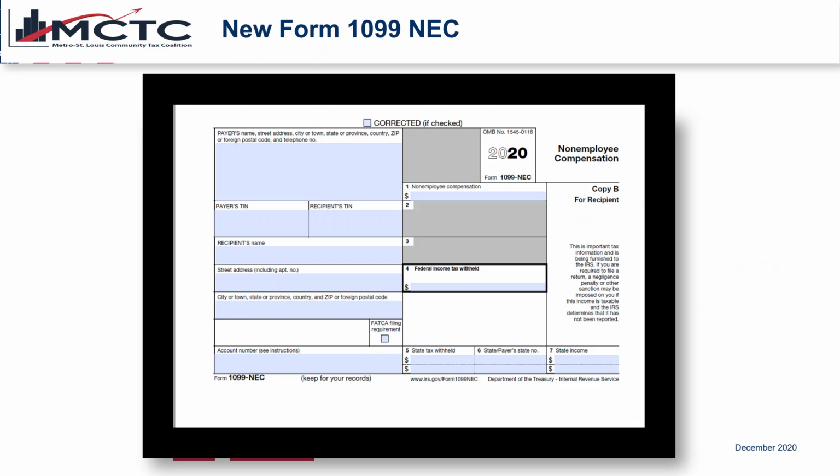Form 1099 NEC. We'll spend a few minutes on this. In the past, we've worked with Form 1099s miscellaneous. This entry was always in box number 7. Now, beginning with the 2020 tax year, it will be its own form.